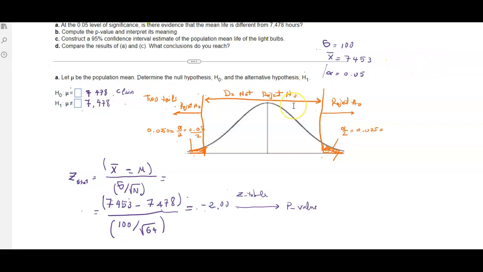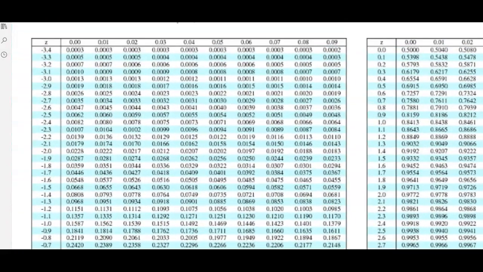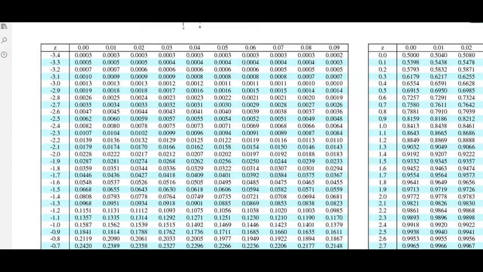Going to the table, reading -2.0, it is 0.0228.